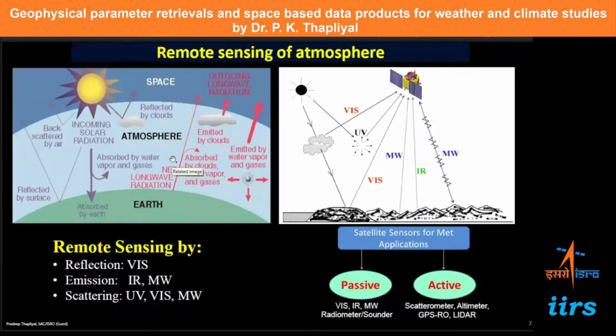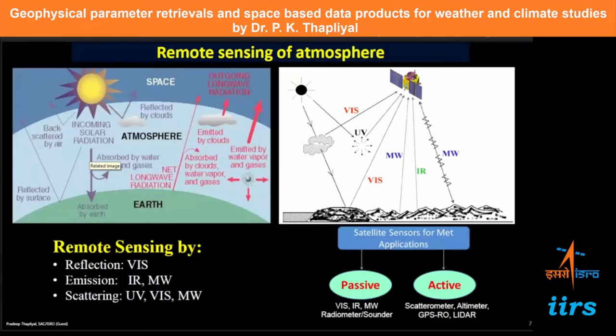But if you are talking about emission, this part of solar radiation, the visible radiation, gives you information only about the different types of surfaces. If it is a highly reflecting surface, you can say that this is cloud. If it is a very low reflecting surface, you can say that this is water or ocean. If it is medium reflection, then you can say that this may be a vegetated area or desert.